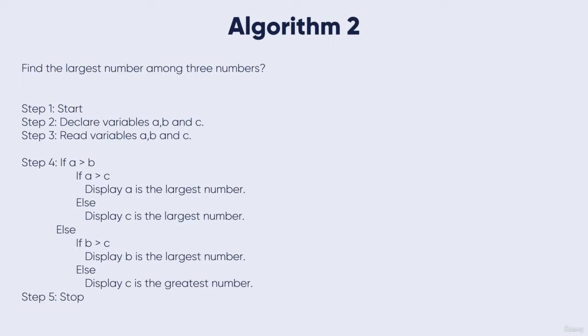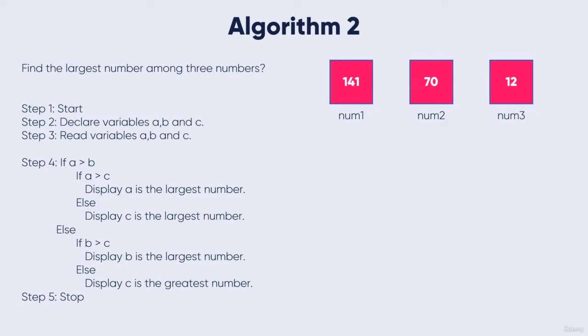Another example of algorithms: to find the largest number among three numbers. The first step in computer engineering, computer science, and programming is to start the program, run it, and declare variables A, B, and C. So we have three variables, num1, num2, and num3.